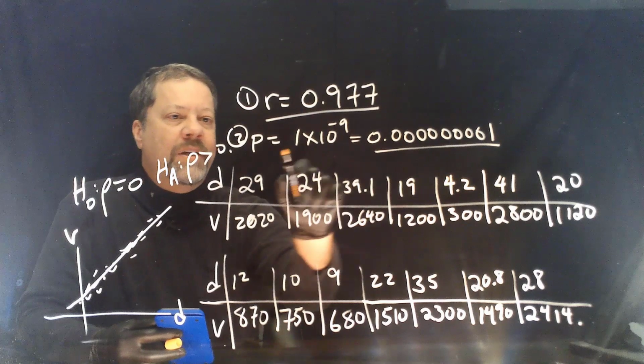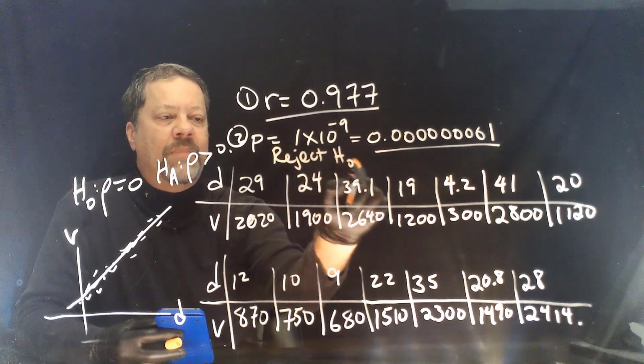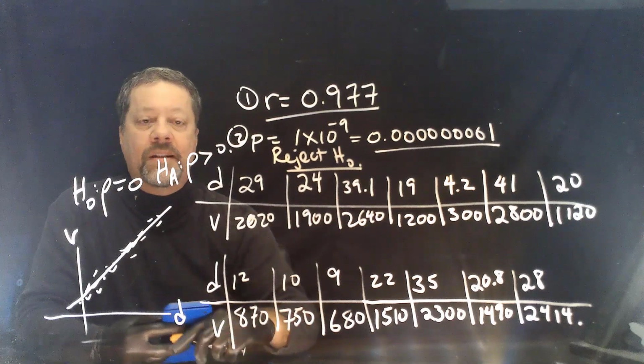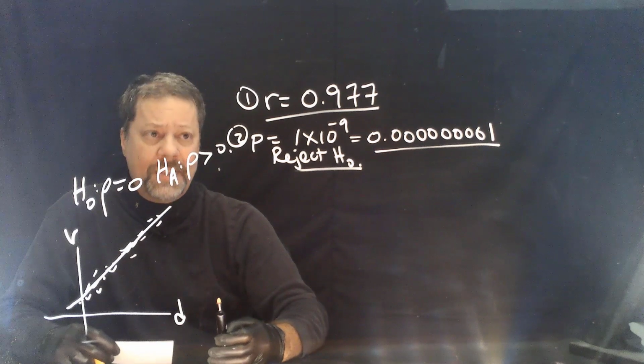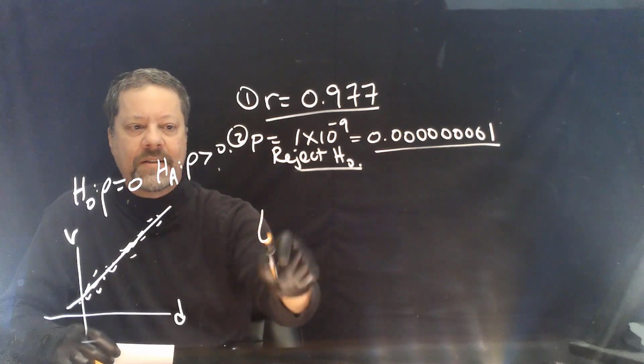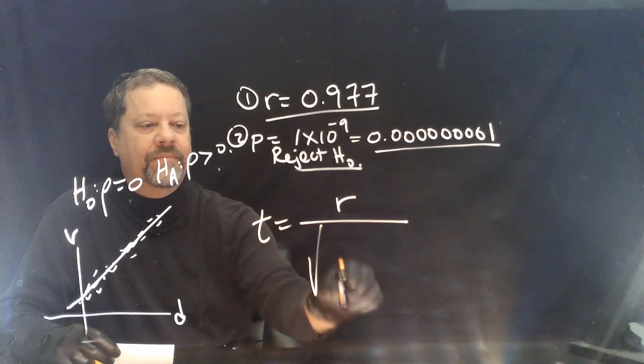And so we will reject the null hypothesis. It appears that the correlation is positive. There is a test statistic that we can use for these hypothesis tests, but you need to know the correlation coefficient.